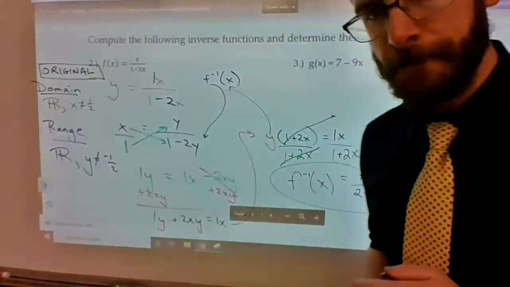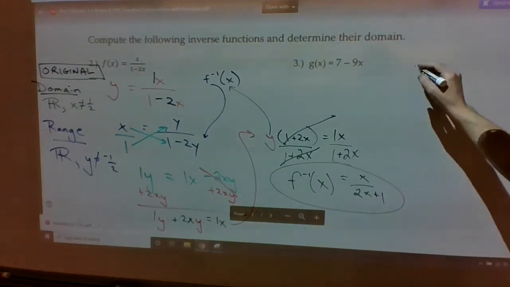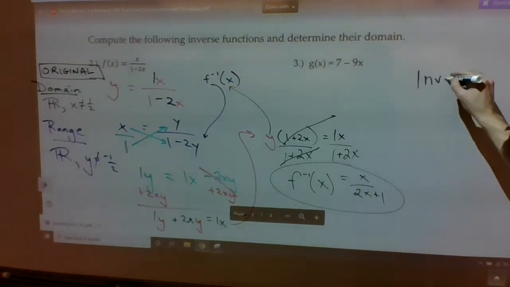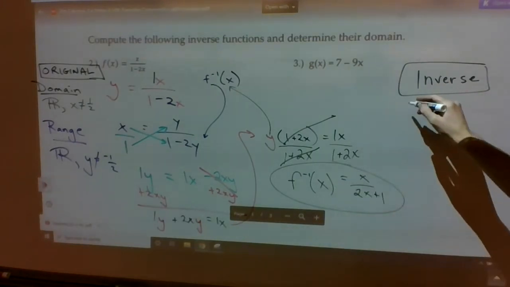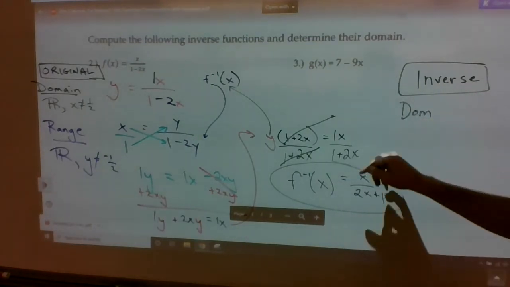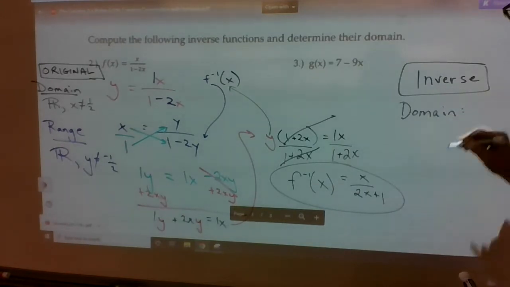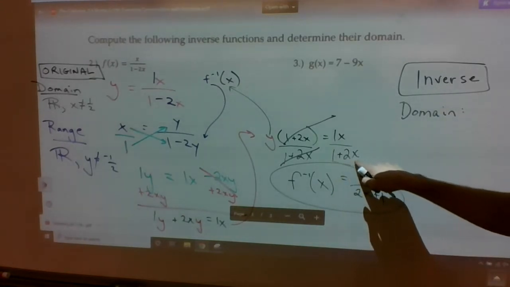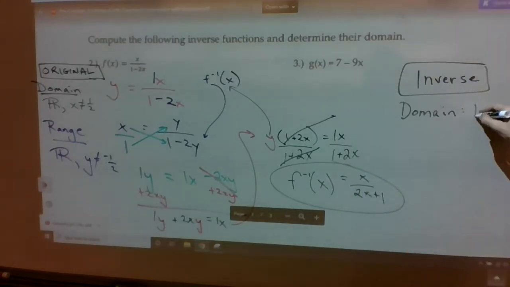Now notice, for our inverse function, its domain, or its vertical asymptote, is 1 plus 2x cannot be 0, which would require you to subtract 2x from both sides and divide by -2.